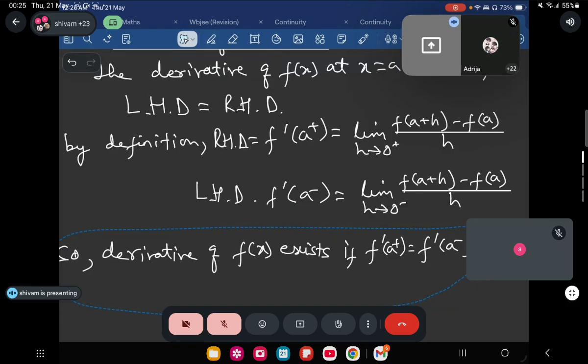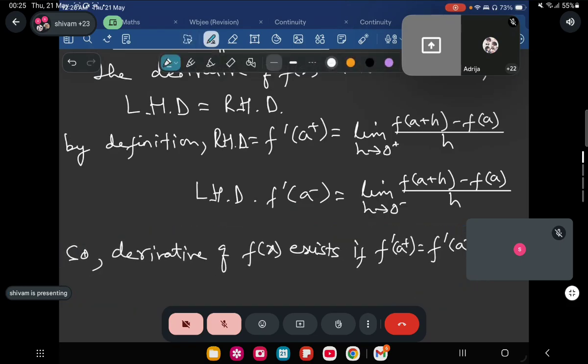Then only we can say that f is derivable. Anyone having any doubt, you can ask me.